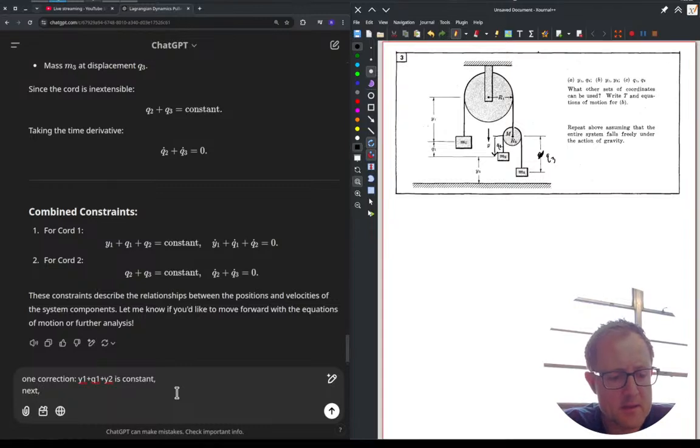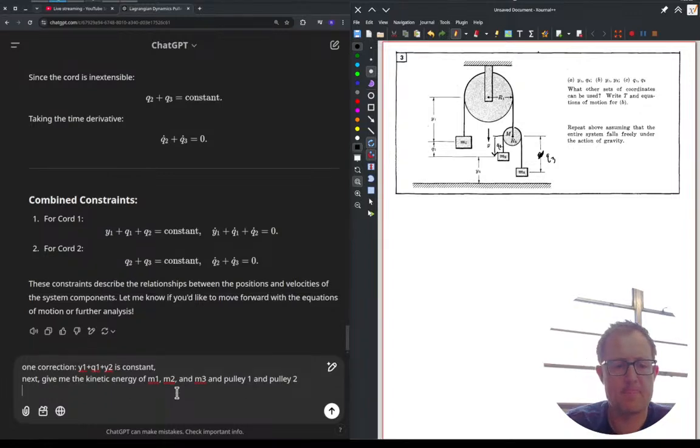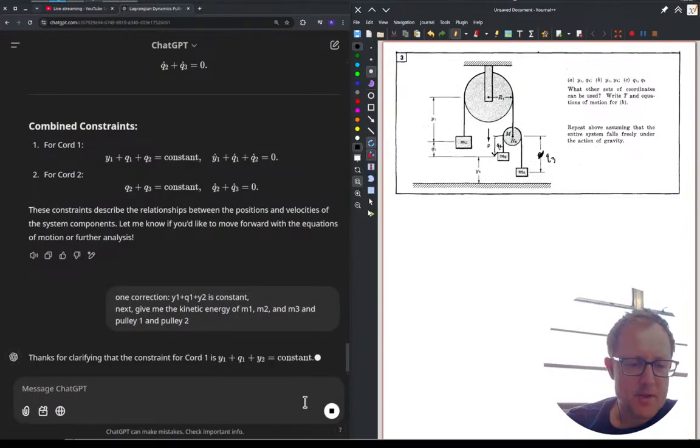Next, give me the kinetic energy of mass M1, M2, and M3, and pulley 1 and pulley 2. Kind of doing this step by step.